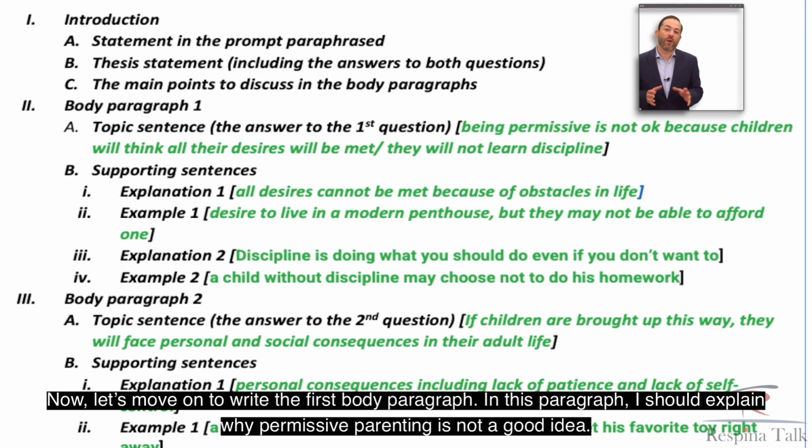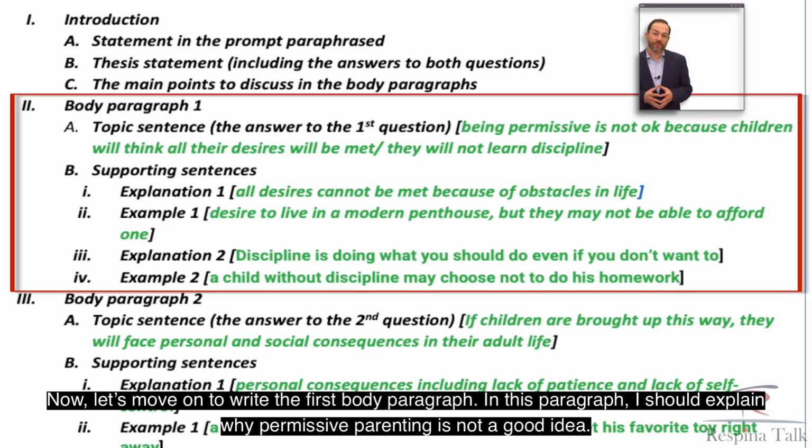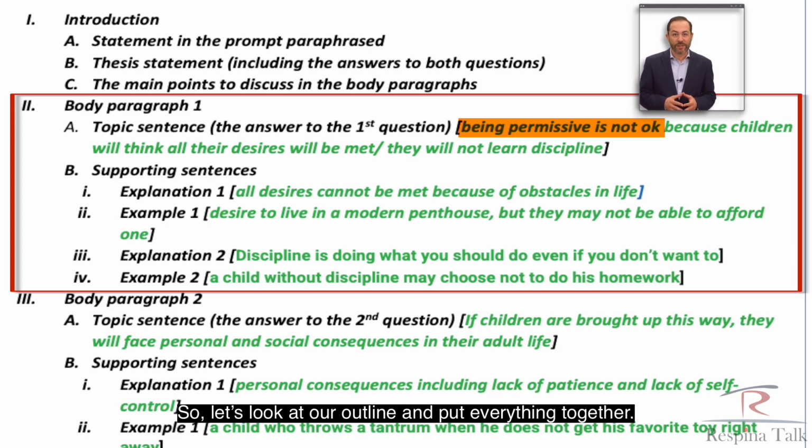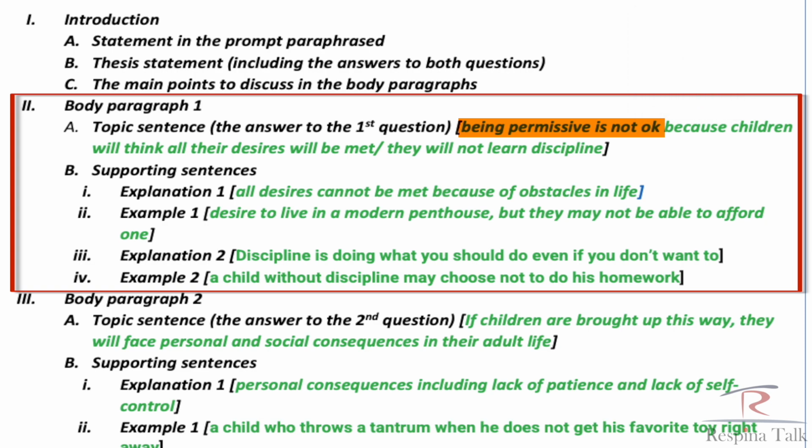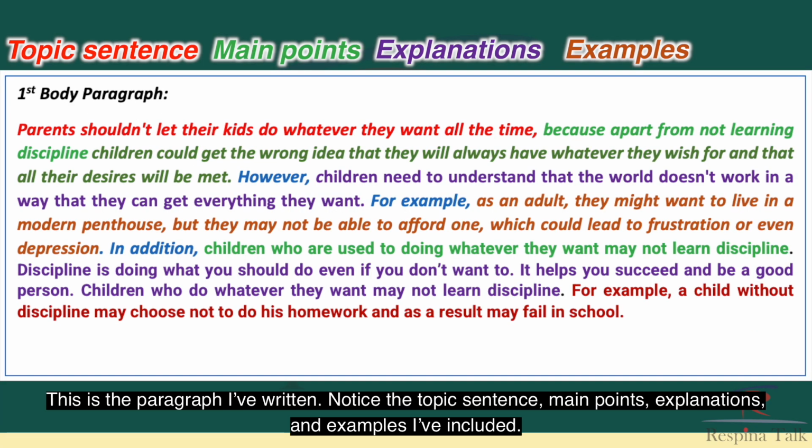Now, let's move on to write the first body paragraph. In this paragraph, I should explain why permissive parenting is not a good idea. So let's look at our outline and put everything together. So this is the paragraph I have written.